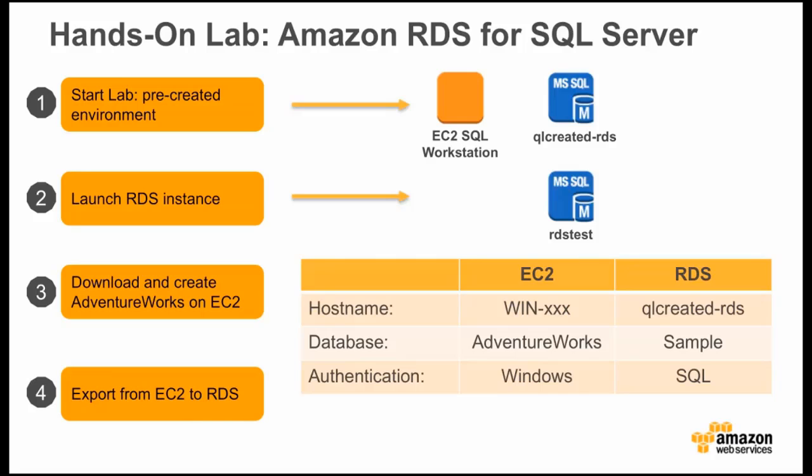To connect to the AdventureWorks database on the EC2 instance, you will use the local administrator account using Windows authentication. RDS also supports Windows authentication, but we're not going to be setting up an Active Directory in this lab, so you'll use SQL authentication instead. Now finally, notice that the database name is called sample on the RDS instance.